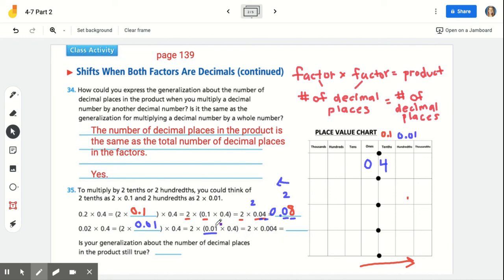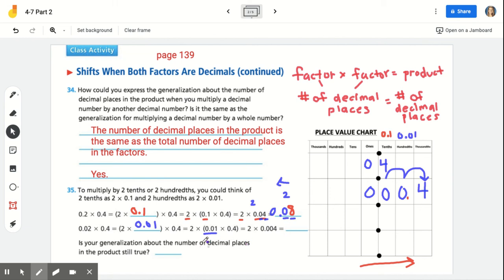How many times for 4 times 1/100? 2 times to the right. 1, 2, and the 4 lands in what place value? The thousandths. We add in our zeros all the way to the ones, and we're left with 1/100 times 4/10 is equal to 4 thousandths.